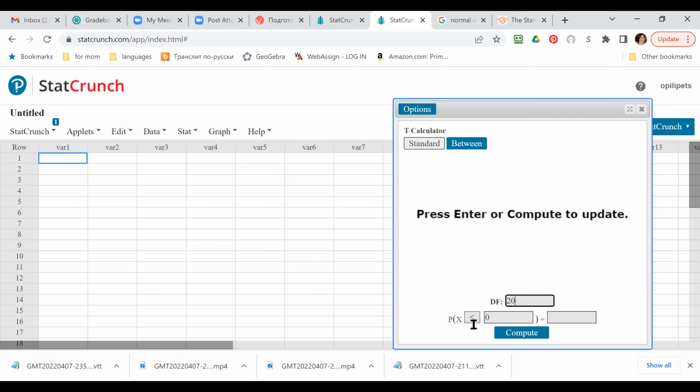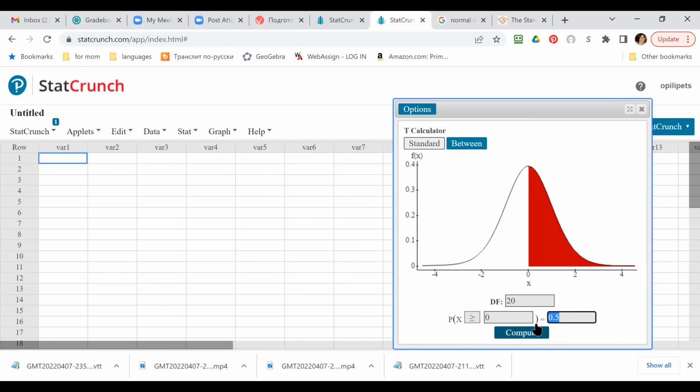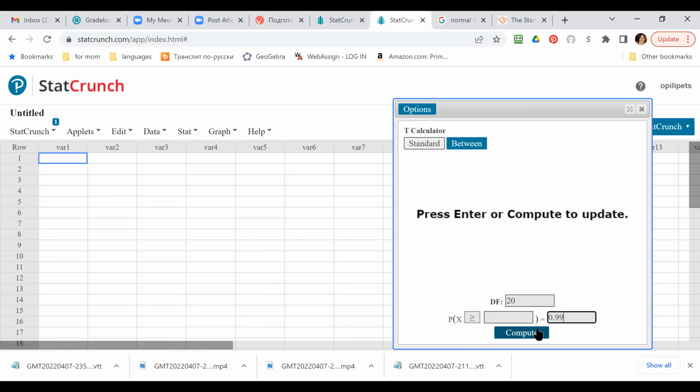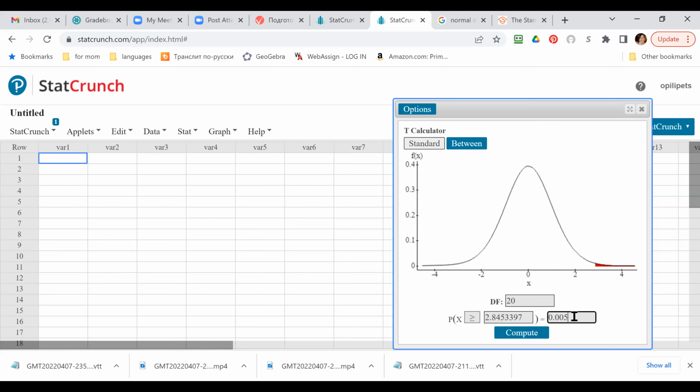If we look to the left, then I'm going to put 0.005, but if I switch it to the right, it's going to be 0.995. Oh, I'm sorry, that's going to give me the left one. I want the one on the right, so 0.005. And that t value is 2.845. You can usually round that value to 3 decimal places.